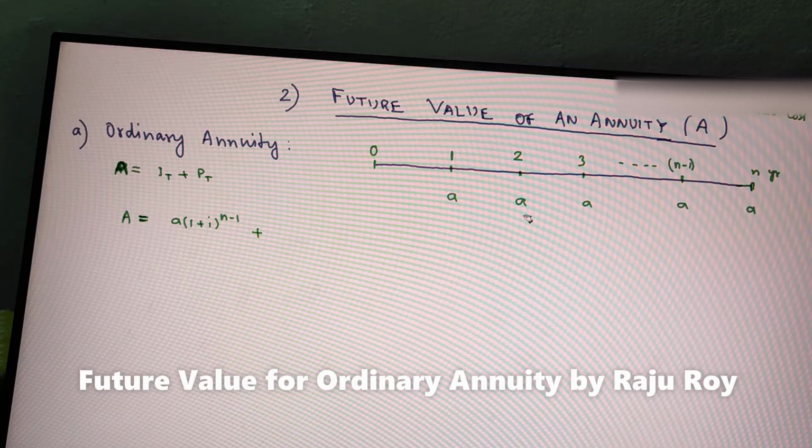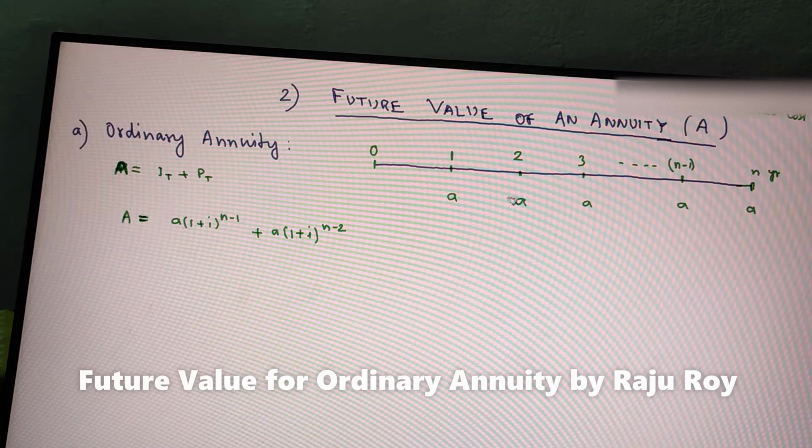Similarly, the second annuity will gain interest, meaning the amount will be A into (1 plus i) raised to the power n minus 2, because this will be for n minus 2 years. Similarly, the third annuity will yield the amount of rupees A into (1 plus i) raised to the power n minus 3, right?